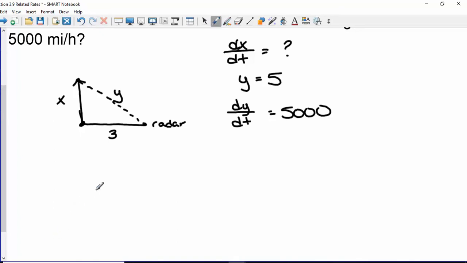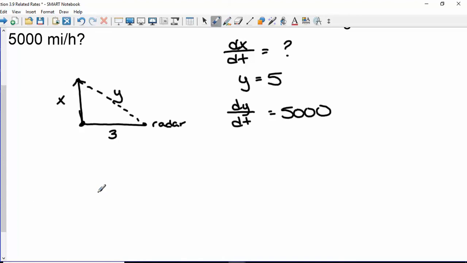All right, look at our picture. What kind of equation could we use? What do we know about triangles? A squared plus b squared equals c squared.